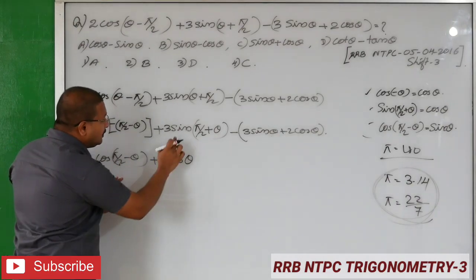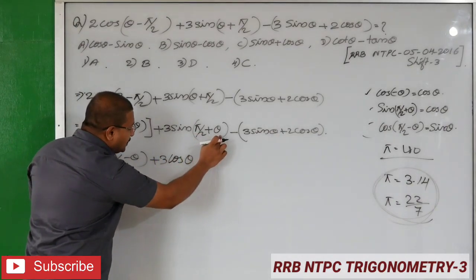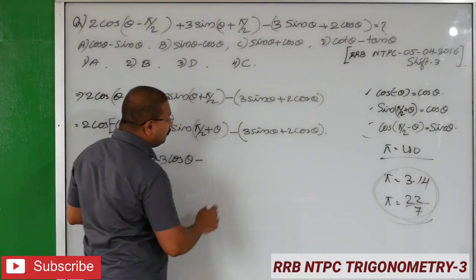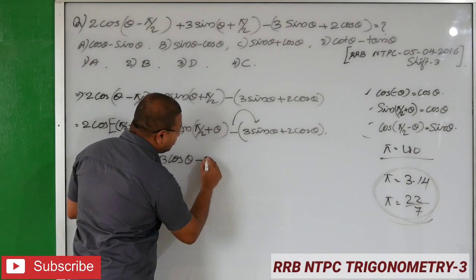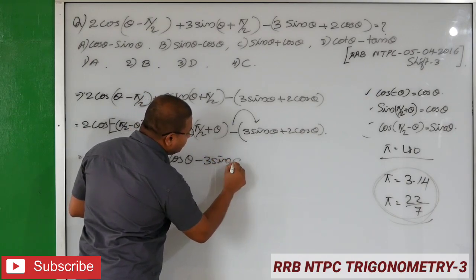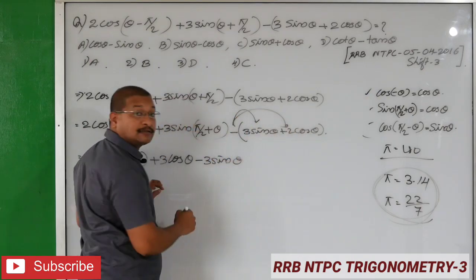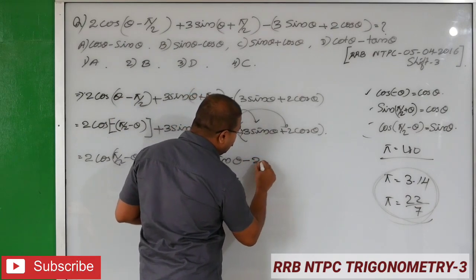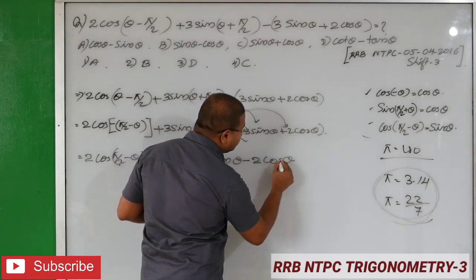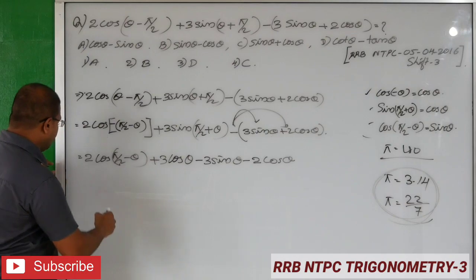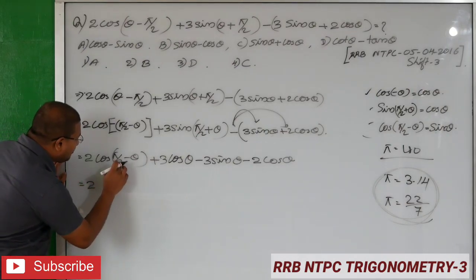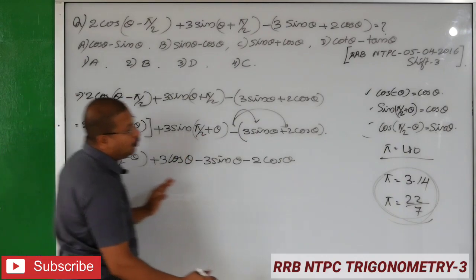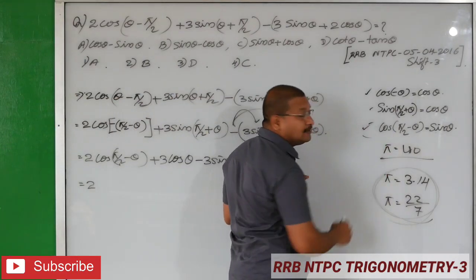See, 3 sin pi by 2 plus theta means 3 cos theta. Now we will open with minus: minus 3 sin theta, and after that minus into plus, minus 2 cos theta. This equals 2 cos pi by 2 minus theta. See that cos pi by 2 minus theta is sin theta.